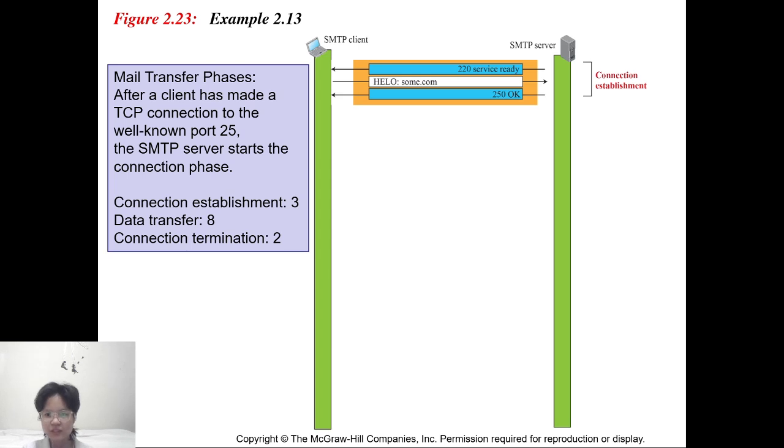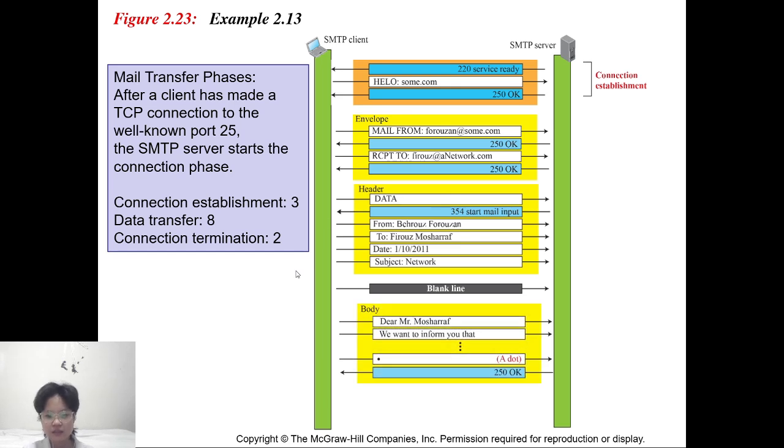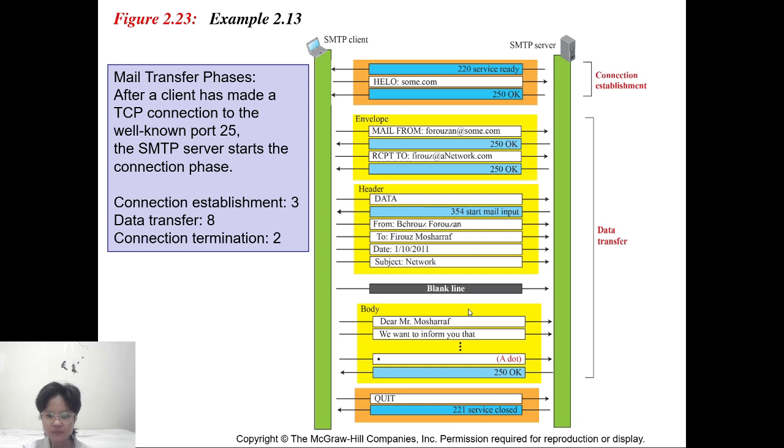This is connection establishment, and another half an envelope, header, then separated by a blank line, and the last is body. All of this is data transfer. Then finally quit.